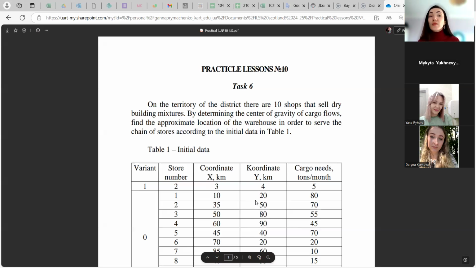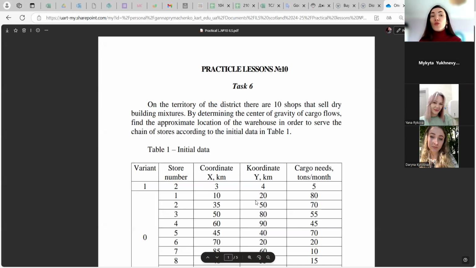So we can calculate it in tons or in packs, for example 1, 2, 3, and other types. By determining the center of gravity of cargo flows, find the approximate location of the warehouse. The same task: we also need to find the best place for the warehouse.